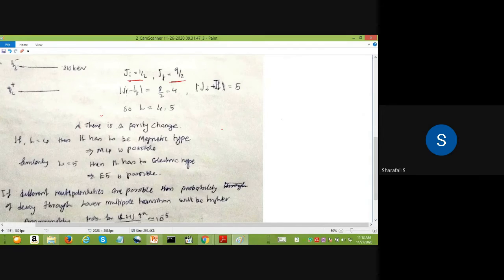If you take Ji minus Jf, you will get 8/2, that is 9 minus 1, where of course the minus sign is ignored, so 8/2 gives you 4. And Ji plus Jf, that is 9 plus 1 over 2, gives you 5. So your condition is that L should be in between 4 and 5.